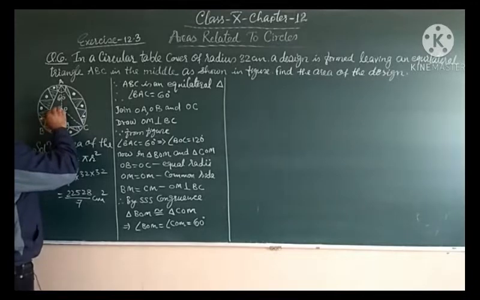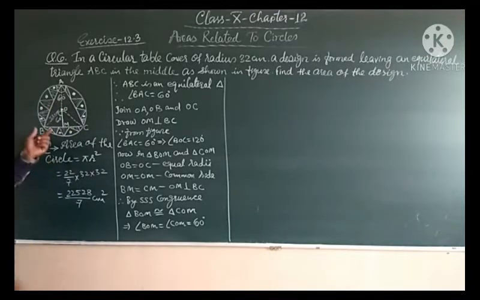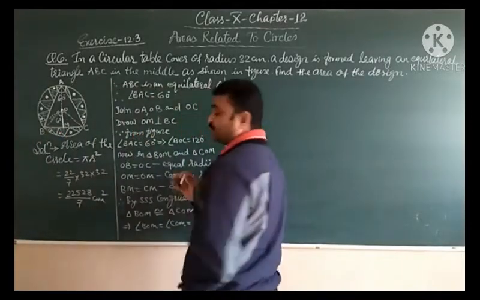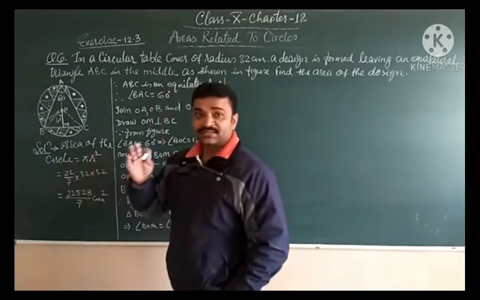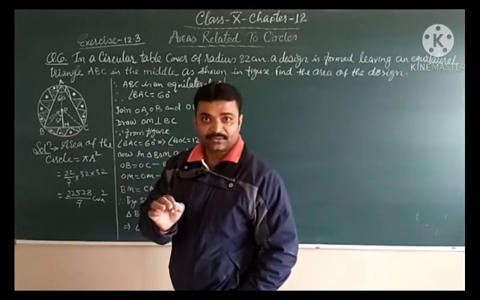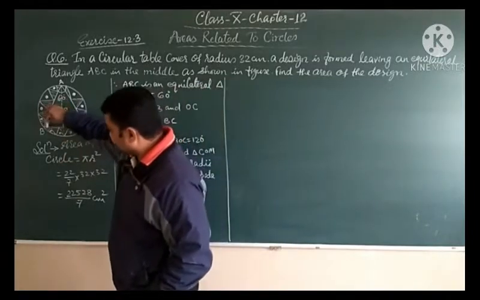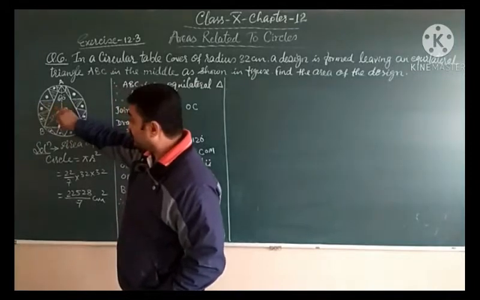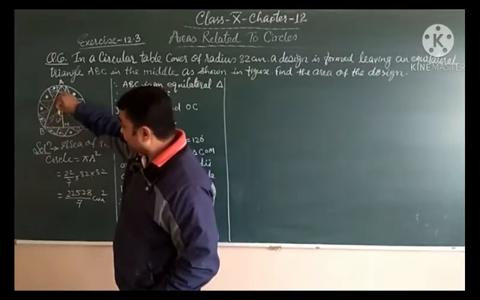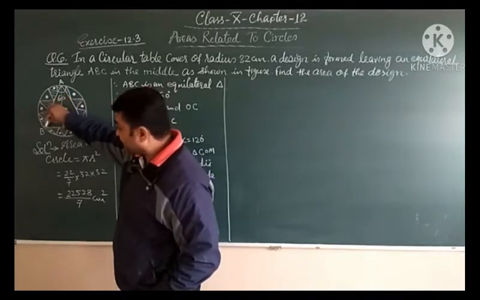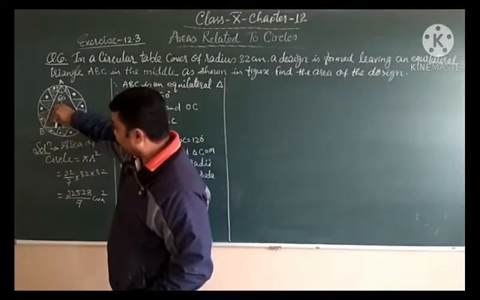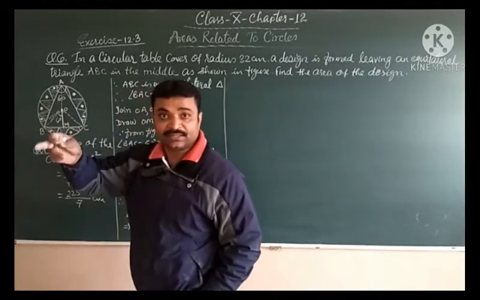This radius is 32 centimeter. Now we will find BM. How do we find BM? Students, we know that the side opposite to the acute angle is the perpendicular. That means this side BM is the perpendicular because of this acute angle. 60 degrees is an acute angle, and the ratio between perpendicular and hypotenuse gives sine theta.